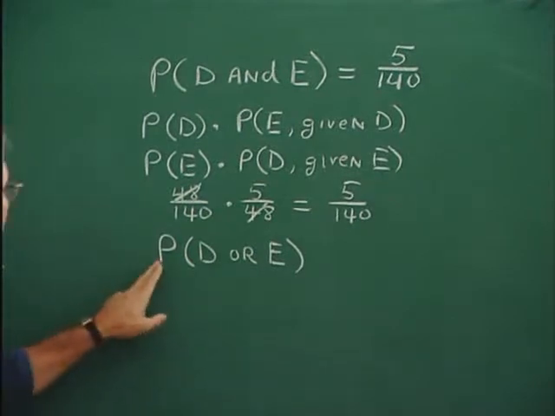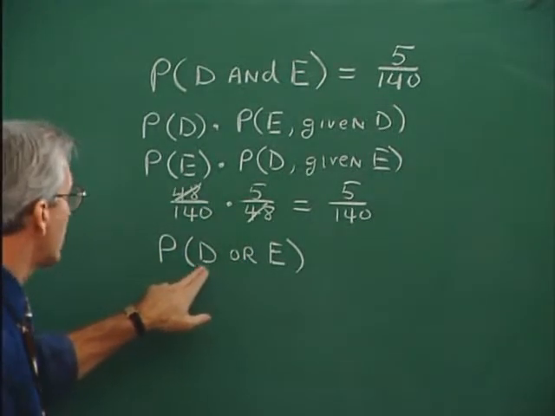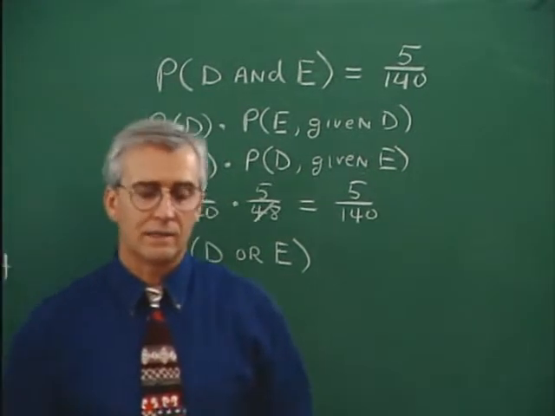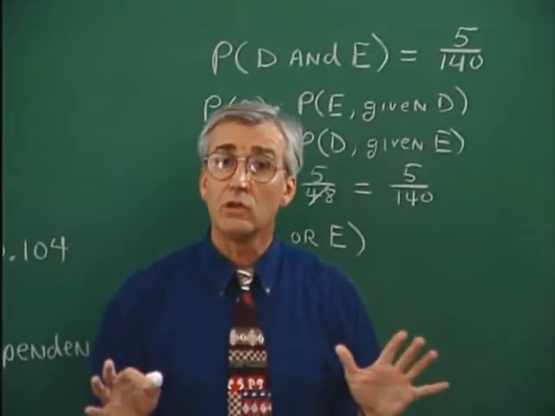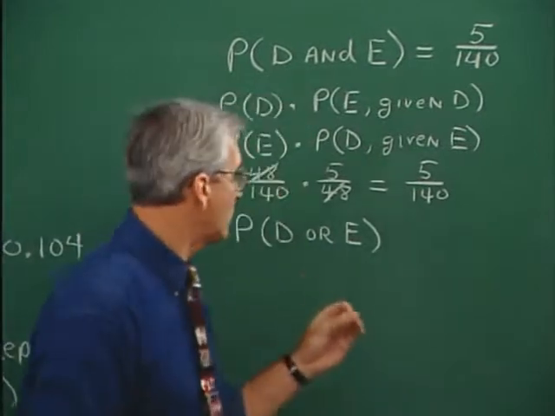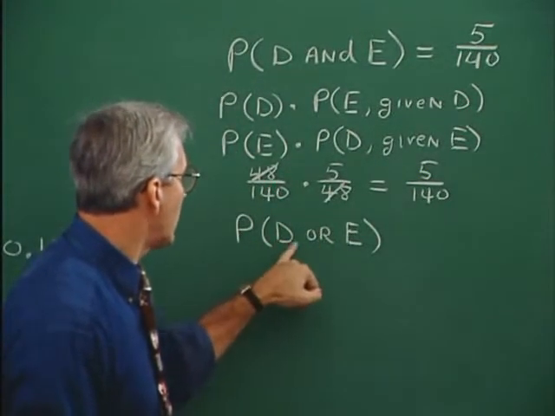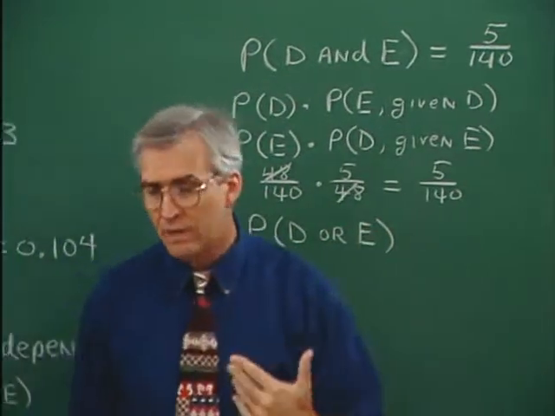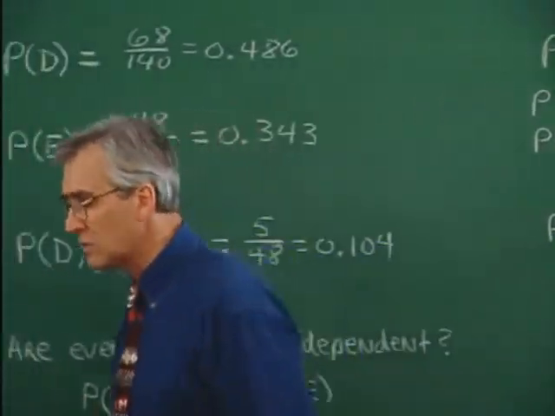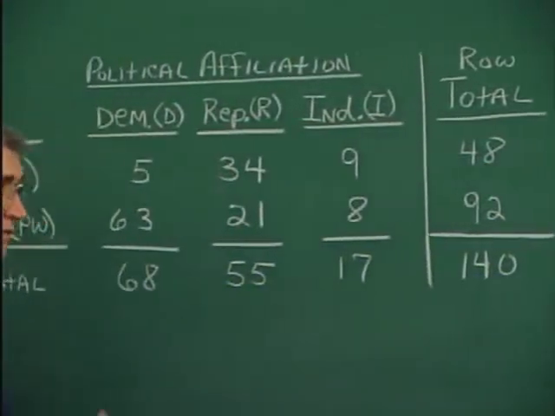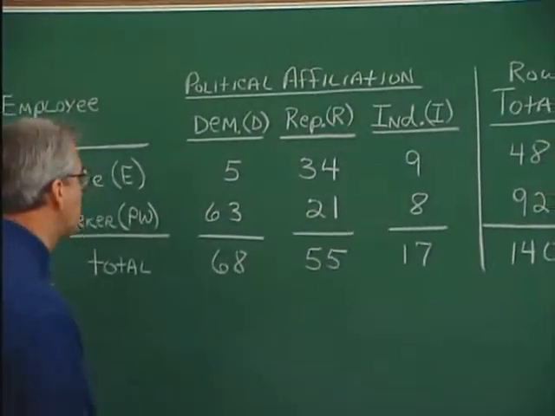Okay, what about the probability of D or E, Democrat or executive? Well, again, we can take an intuitive view of the situation, and alternatively, we can use a formula. Now, Democrat or executive, let's come back over here and count Democrats or executives, which would meet the favorable outcome idea on this probability.